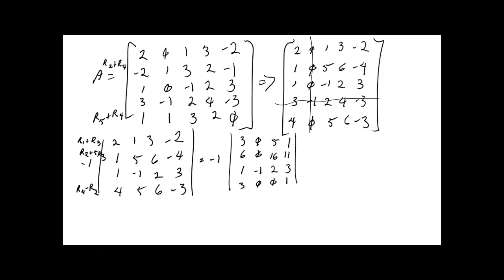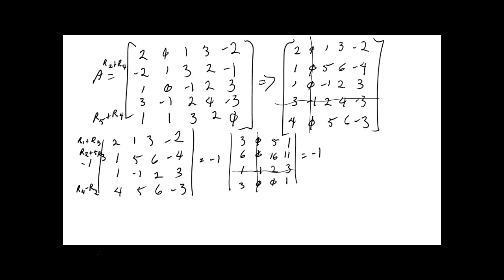Okay, now before we do anything else, now first, don't forget your minus 1. Okay? Now, we're going to use this column here. And so the first thing I want to know is the sign of this position. What is it?